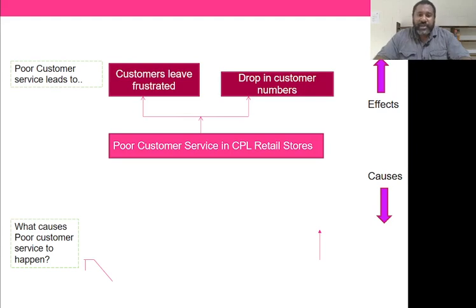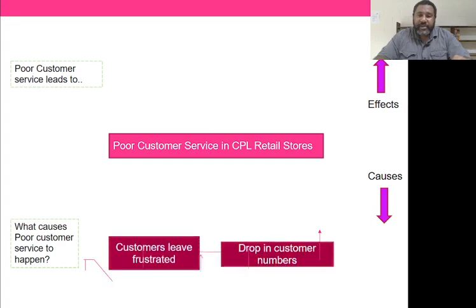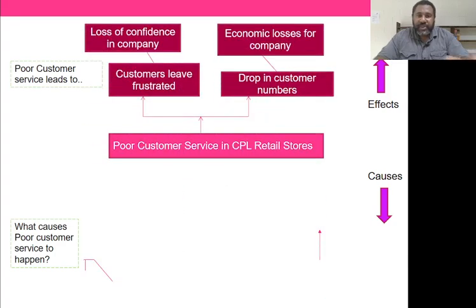So number one is customers leave frustrated, they are not happy and they leave. And number two is there's a drop in customer numbers. And if we go a bit further up, we see that when customers leave frustrated, there's a loss of confidence in the company.